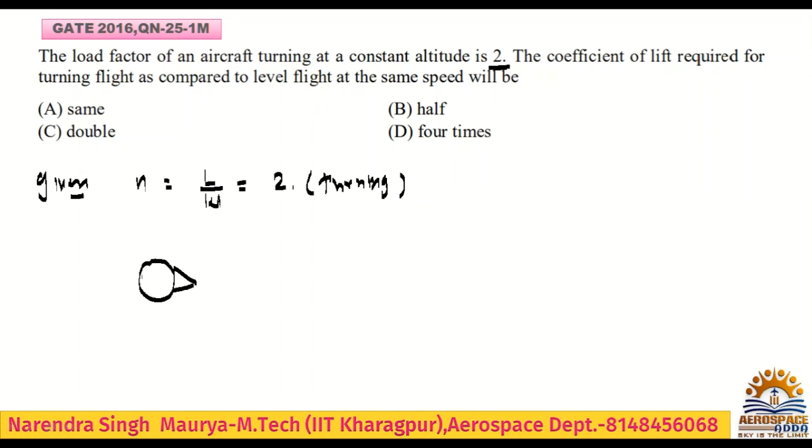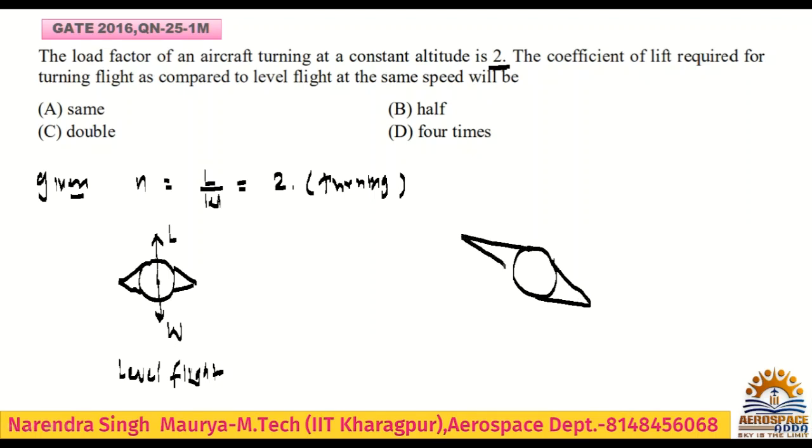This is the level flight. Level flight means no turning, steady level flight, with W and L. And this is the other diagram. Weight, as usual, acts vertically downward, and this is the lift force.